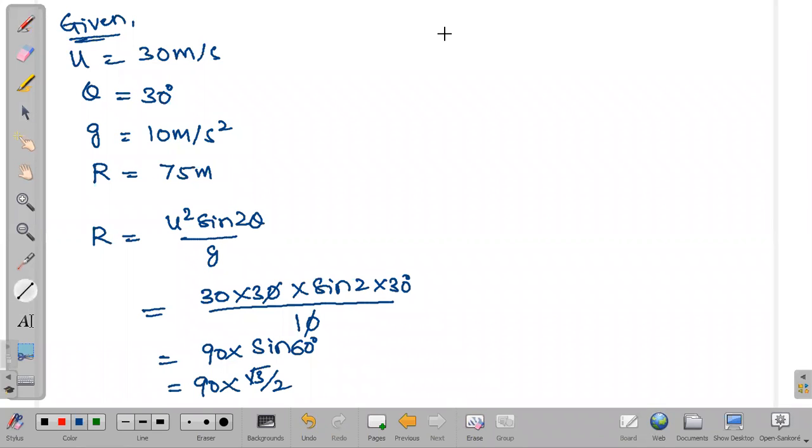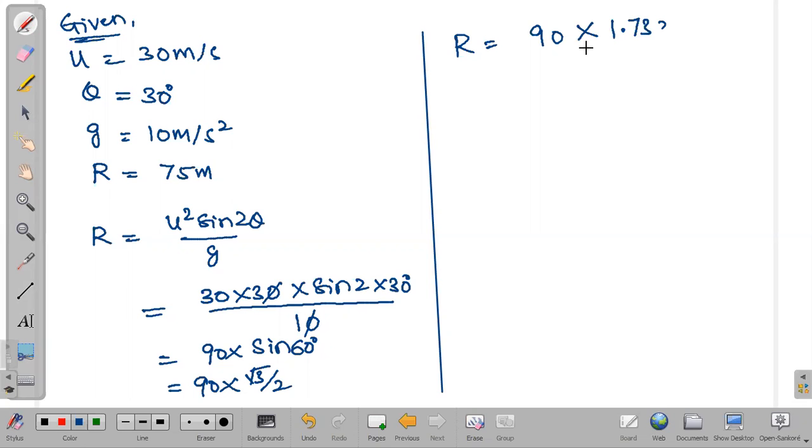Now R is equal to 90 into root 3, whose value is 1.732, by 2. So this 2 I will take here: 90 by 2 is 45 into 1.732.